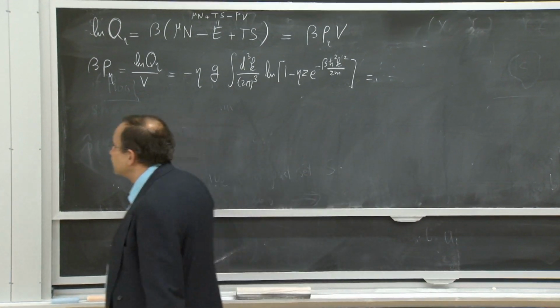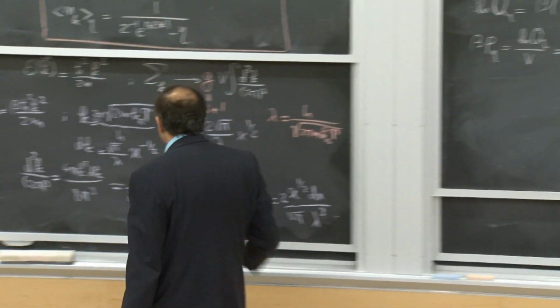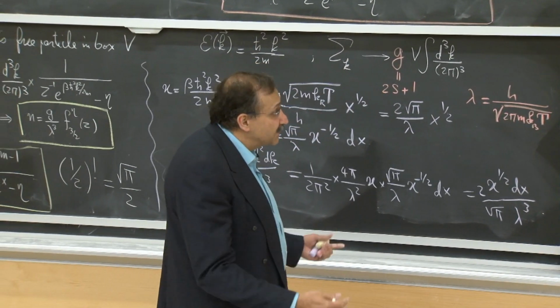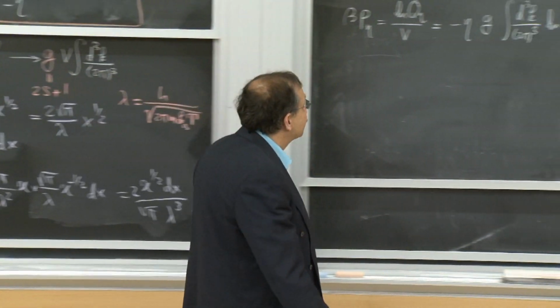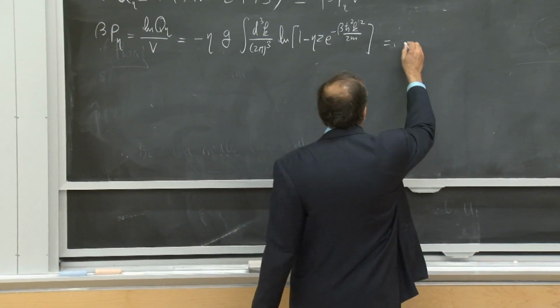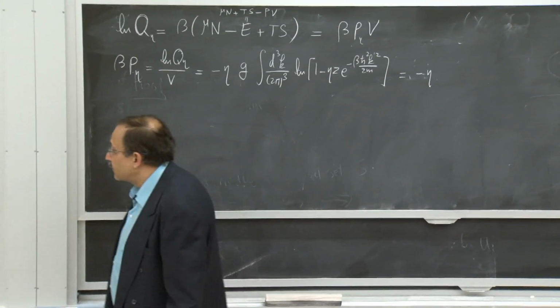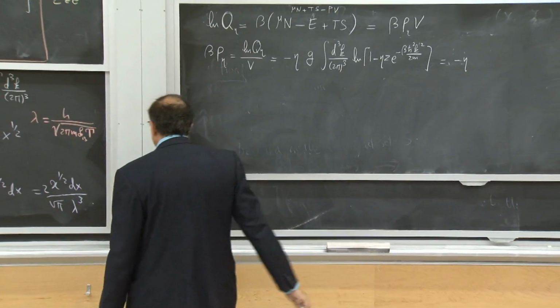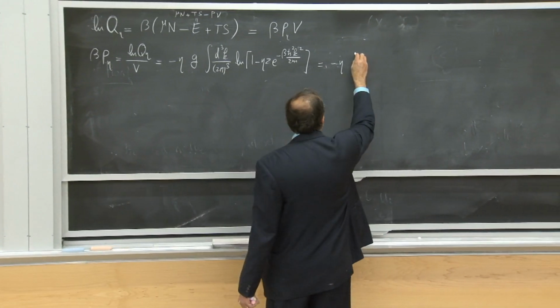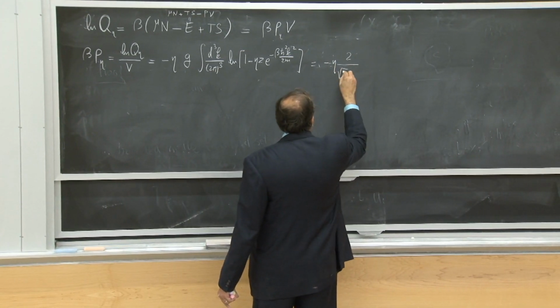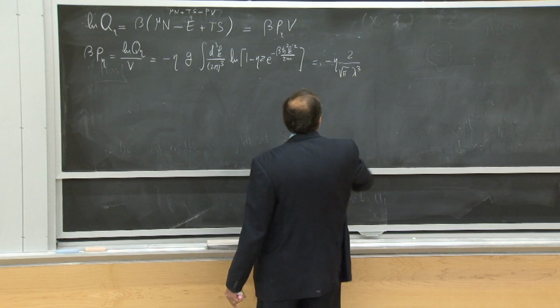We make the same change of variables that we have over here from k to x. So then I would have minus eta. d cubed k over 2 pi cubed gets replaced with this 2 over root pi lambda cubed.